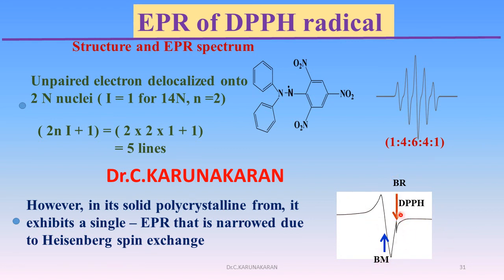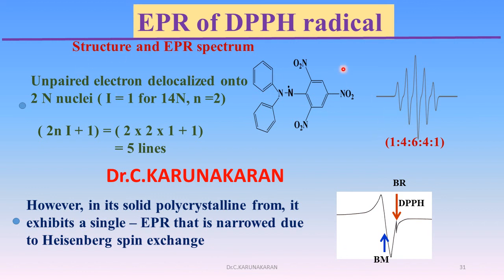This is the DPPH signal. In the solid state, it occurs as a singlet. It exhibits a single line because of exchange narrowing due to Heisenberg spin exchange.